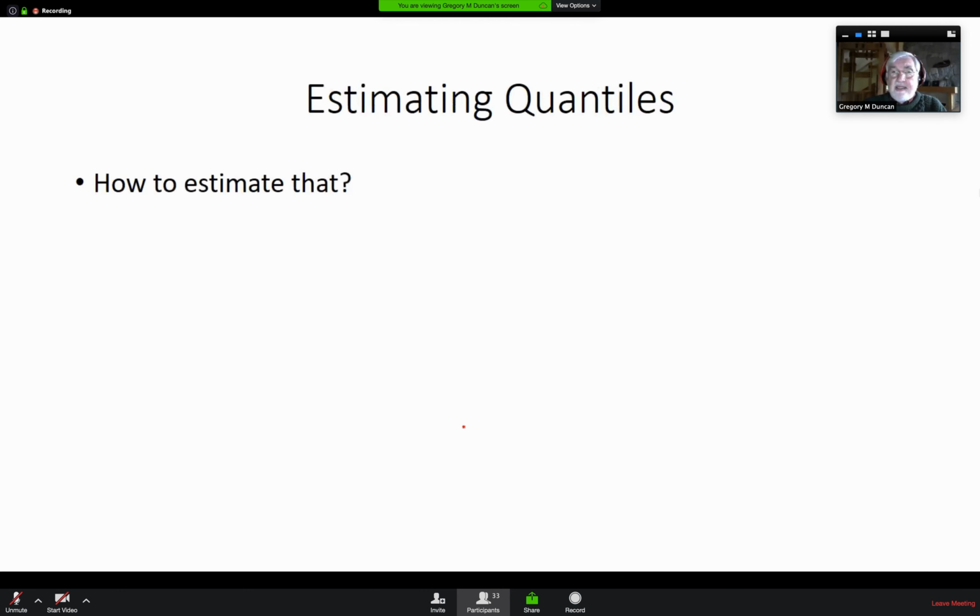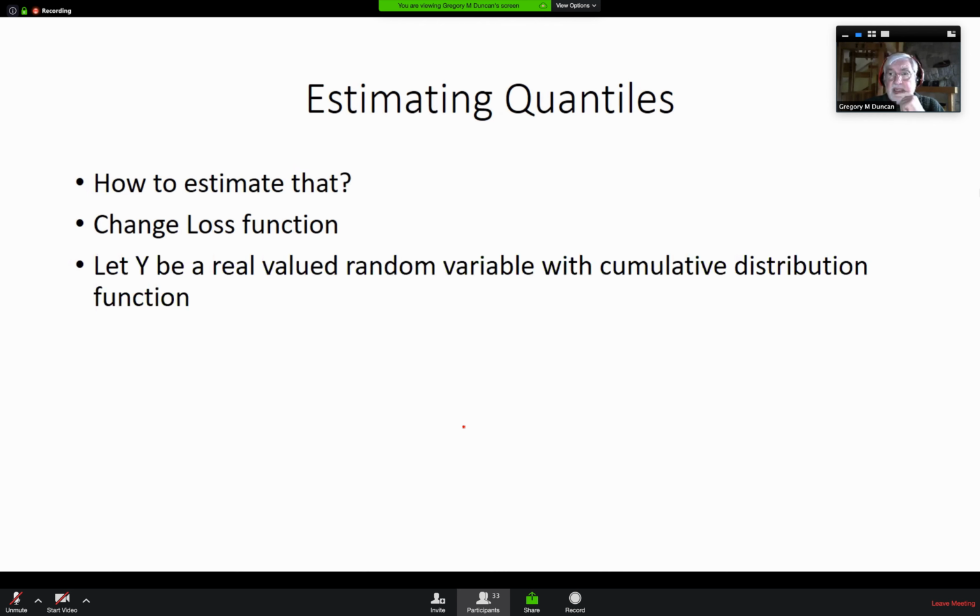How do you estimate something like that? Well, the way we're going to do it is we're going to change the loss function. I'm having to adjust my screen so I can see.